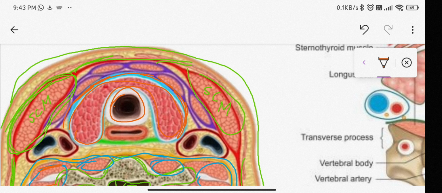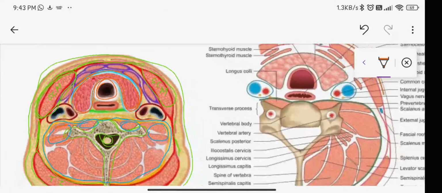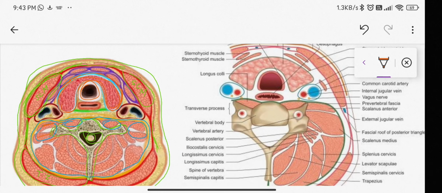Okay, and this pretracheal fascia, it forms the false capsule of the thyroid gland. Okay, false capsule. The true capsule of the thyroid gland is formed by the condensation of the stroma of the thyroid gland. So that will be the false capsule of the thyroid gland.